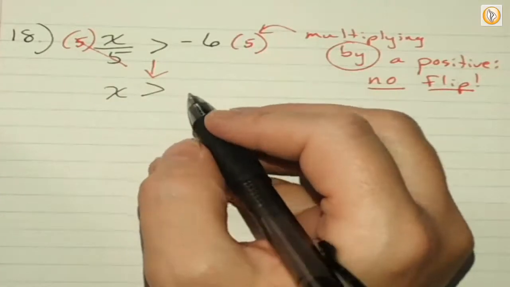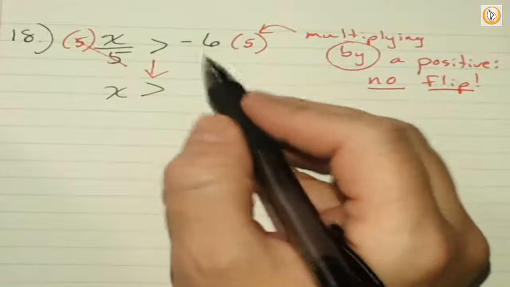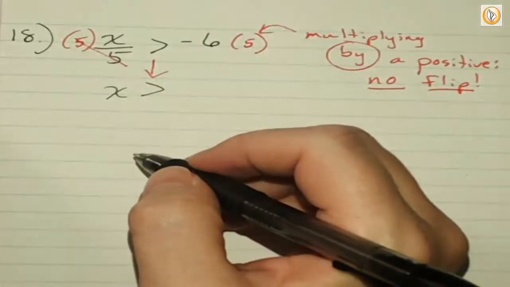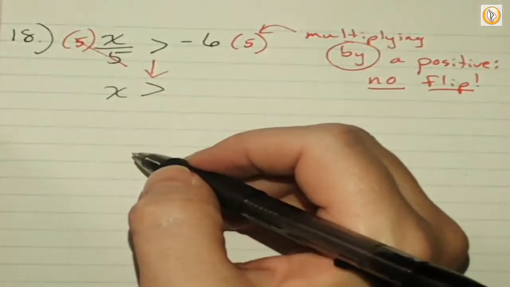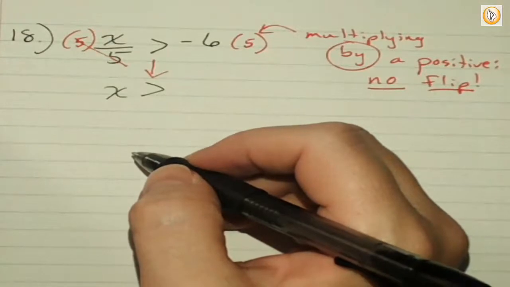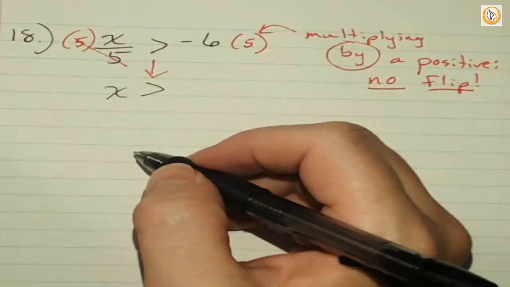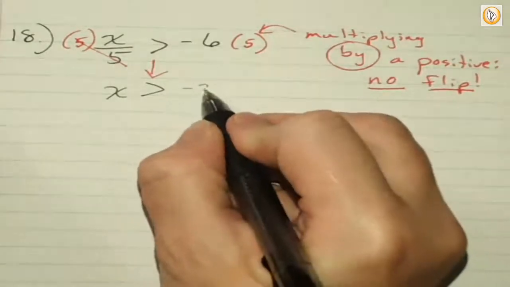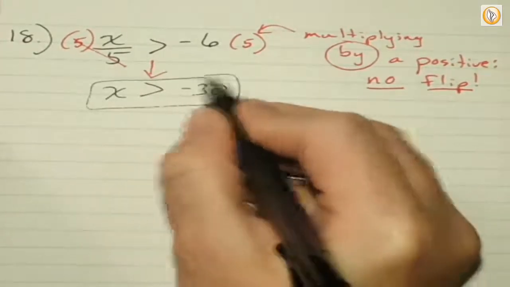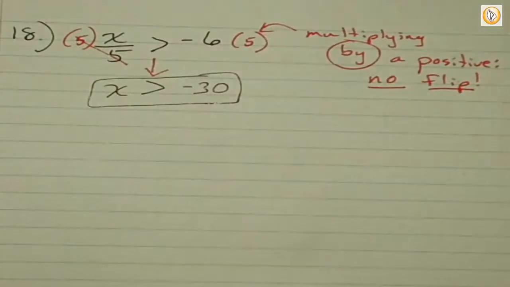I want you to slow down. Look at this. Negative 6 times 5. Negative 30. Thank you. Sorry, my brain was kind of scattered there. We need to know our multiplication facts, children.